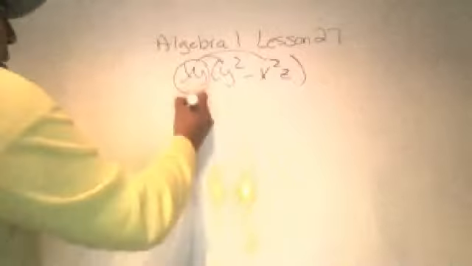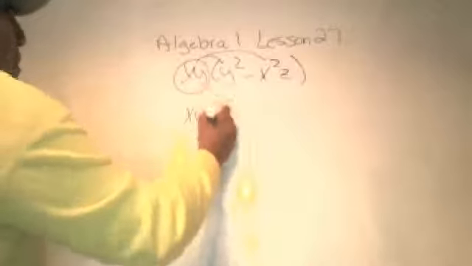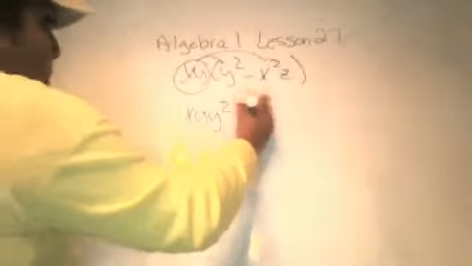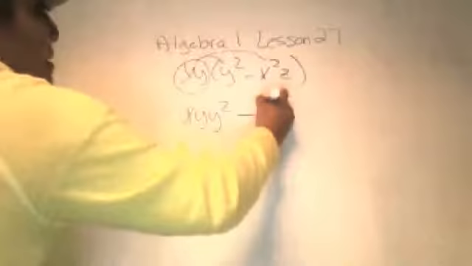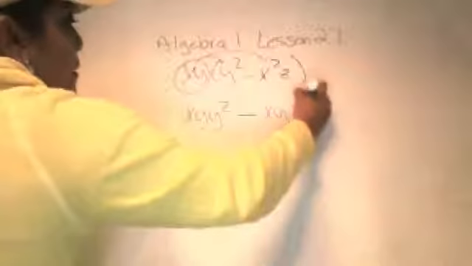Then you have to remember your power rules of exponents. So basically you have xy times y squared, minus, positive xy times a negative, so xy times x squared z.